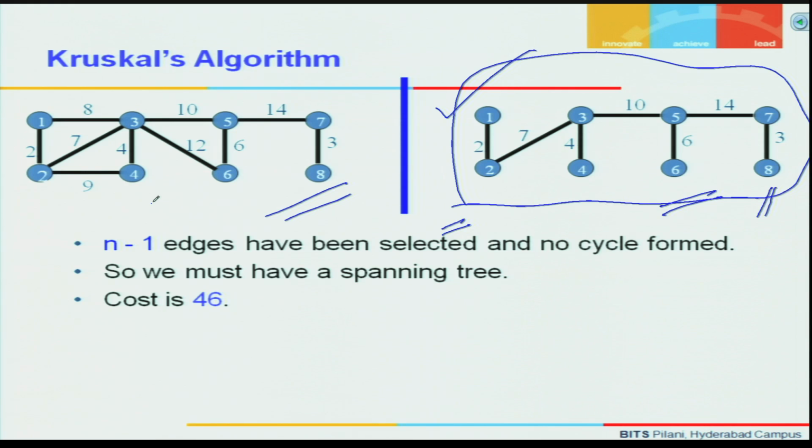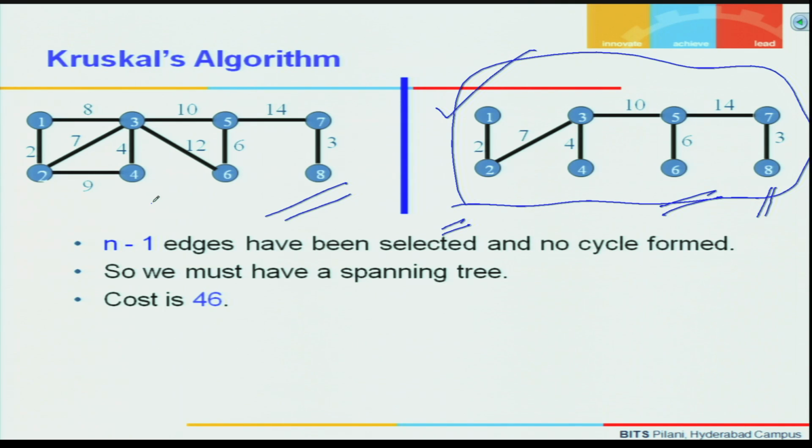You will not get any other minimum spanning tree. This property depends on whether your weights are distinct or not. If your weights are distinct, you know that the minimum spanning tree is unique, otherwise you can't say.